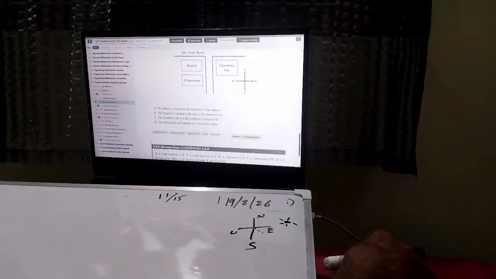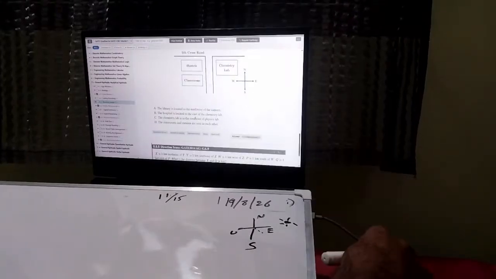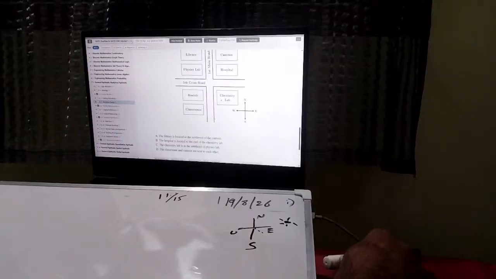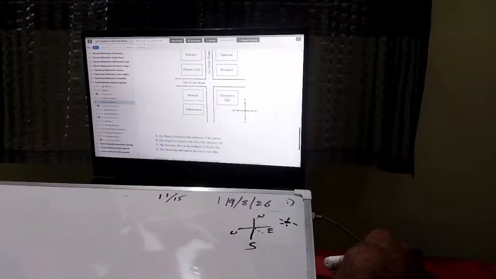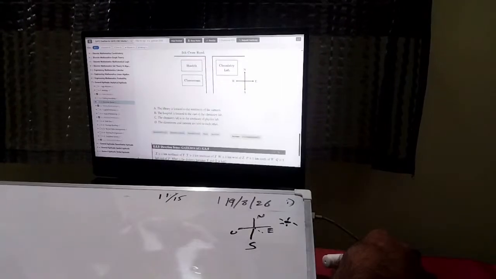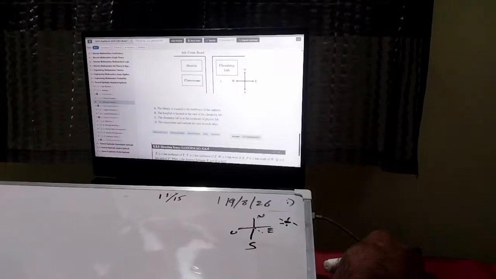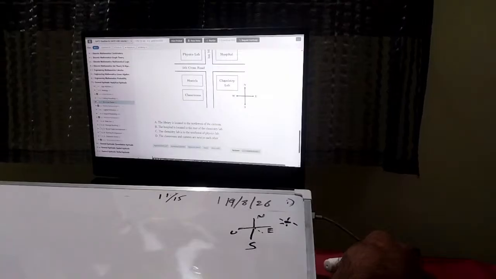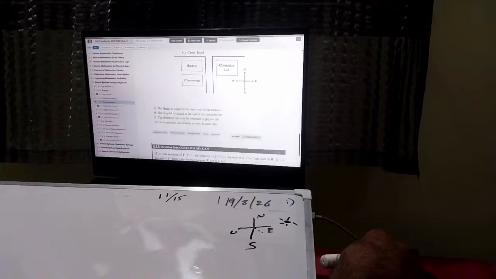The chemistry lab is to the southeast of the physics lab. If you make the physics lab the center, the chemistry lab is southeast. Yes, it is true.